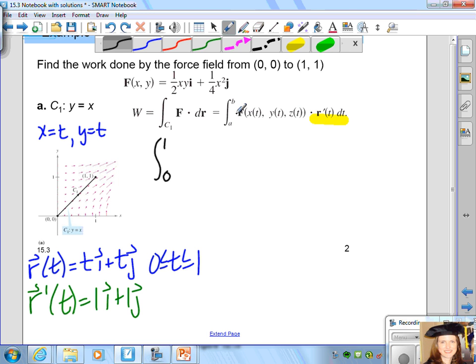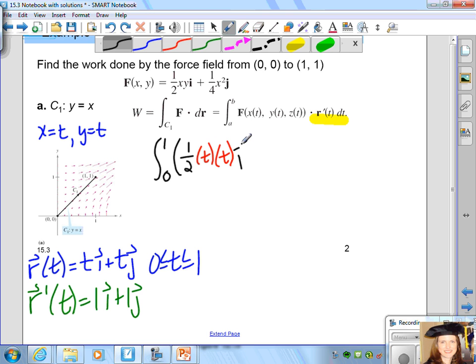And we need to write this vector field F in terms of t. We are going to write every x and every y in the vector field with what it equals on the path. So we can begin that substitution, replacing x with t and replacing y with t as well.